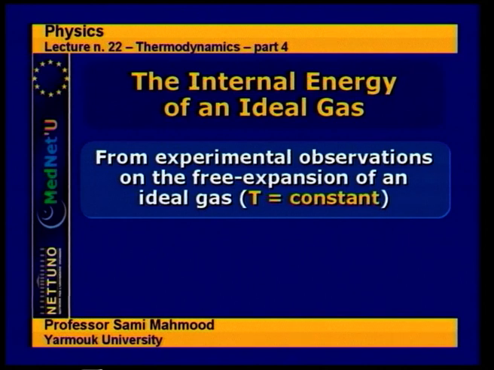In the free expansion process, we have a constant temperature. And since Q and W in the case of the free expansion are also zero, the first law tells us that the change in the internal energy is zero.